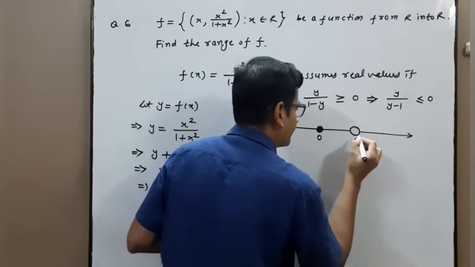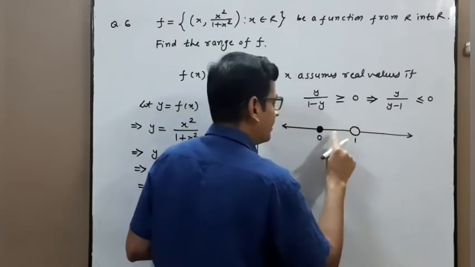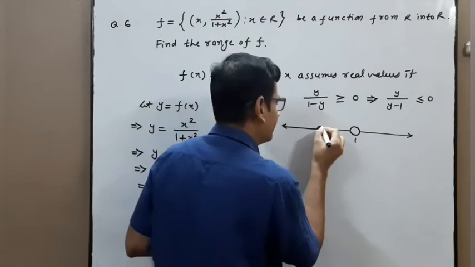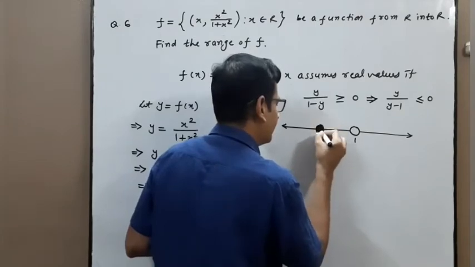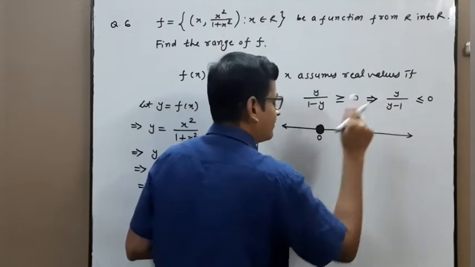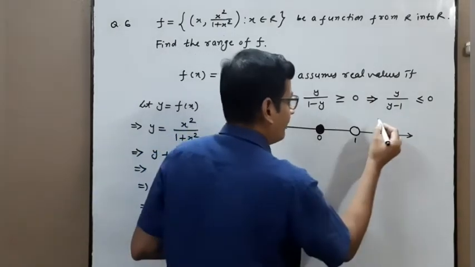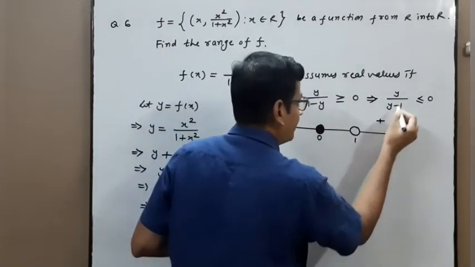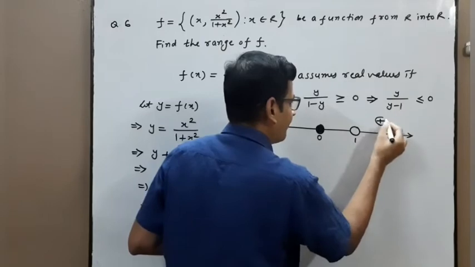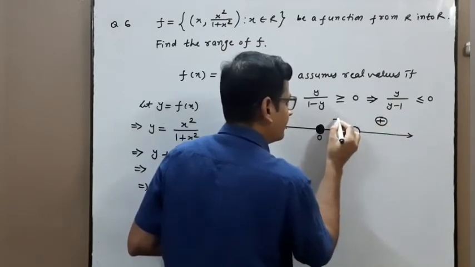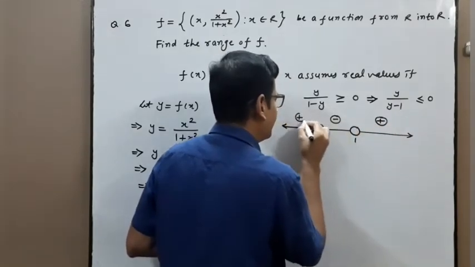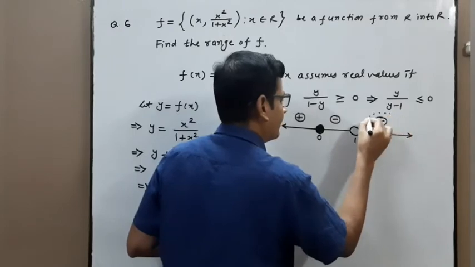So take a hollow circle, meaning including 0 and excluding 1. Now the sign of both y is positive, so use the Wavy Curve method. In the first interval the value of this quantity is positive, in the second interval negative, and in the third interval positive.